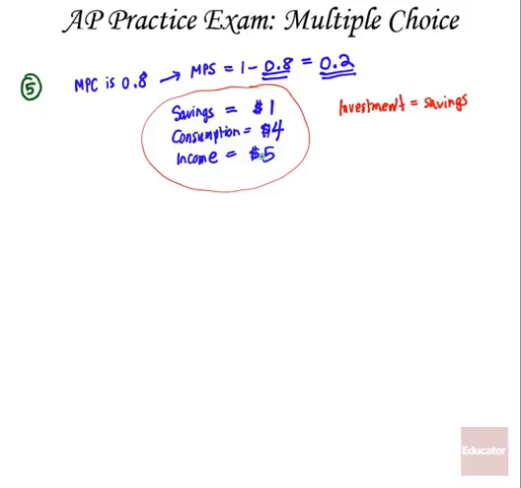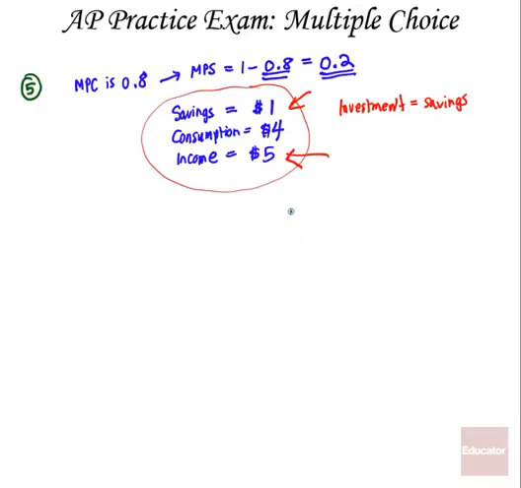If consumption increases by $5, savings increases by a maximum of $1. Again, if investment equals savings, it's going to be a little bit more than $1. When investment increases by $1, and savings is also investment, income increases by $5. And so C is the correct answer.